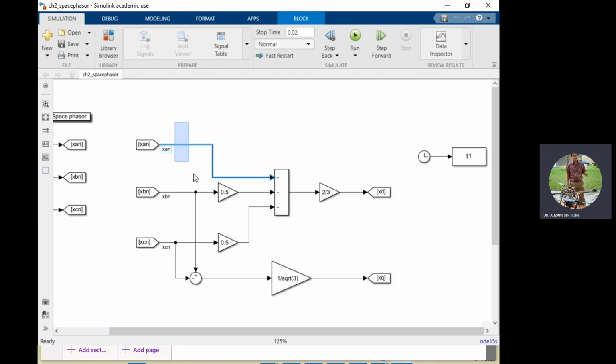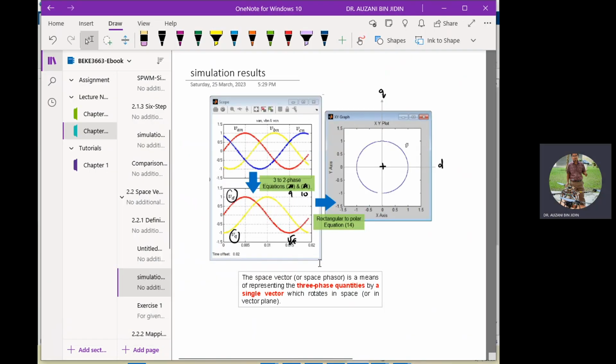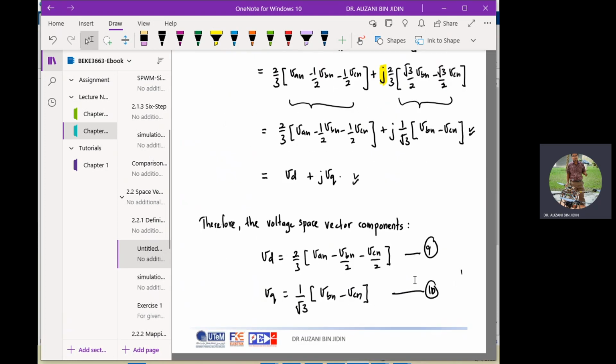So actually you can construct this model based on the equations that we have discussed. Sorry, this equation 9 and 10. By applying these two equations, you can construct the model of the simulation.